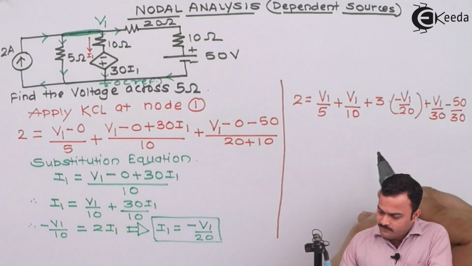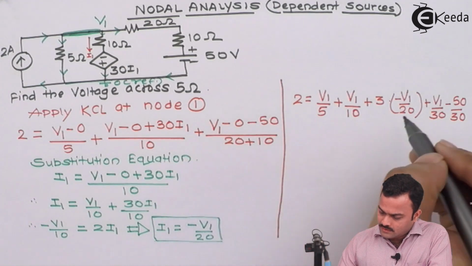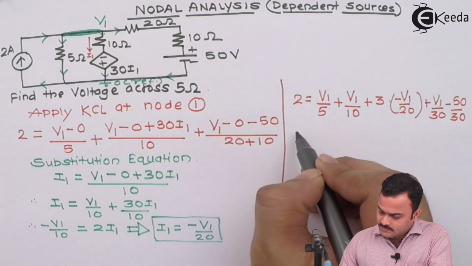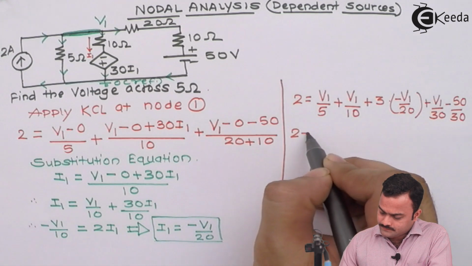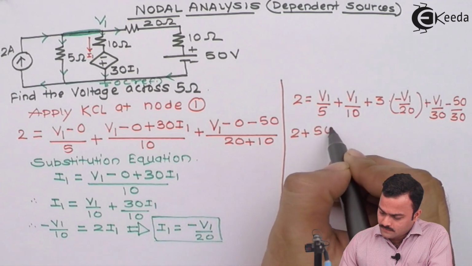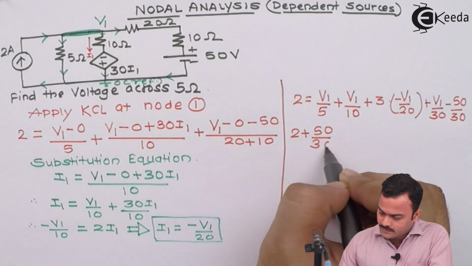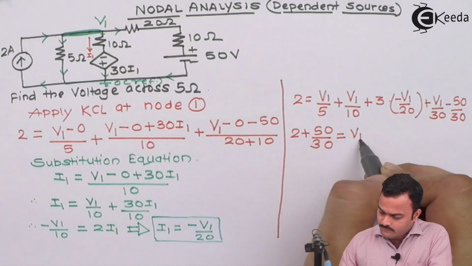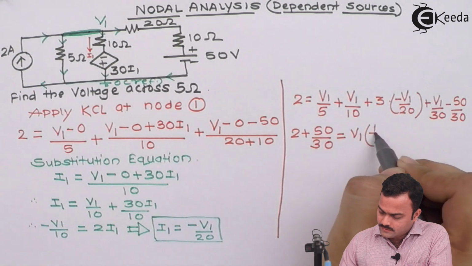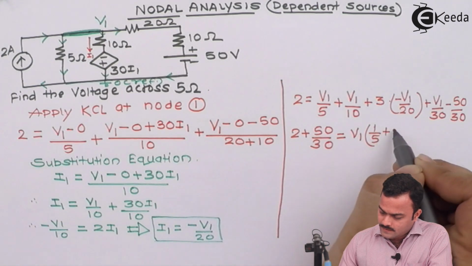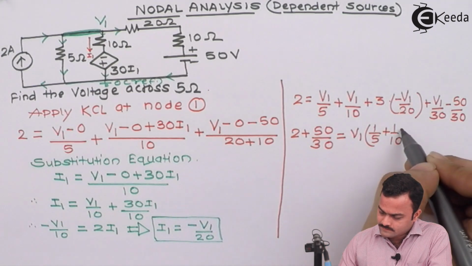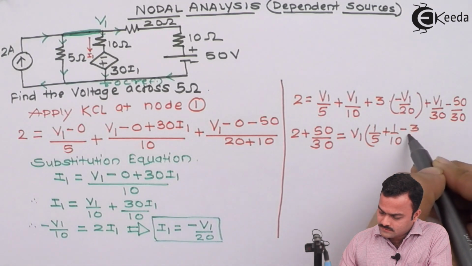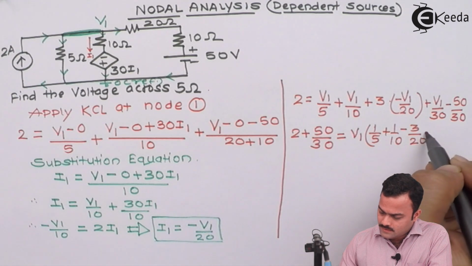Let's club all V1 terms together and all constants on this side. So this will be 2 plus 50 divided by 30 equal to V1 times, in bracket, 1 by 5 plus 1 by 10 minus 3 by 20 plus 1 by 30.